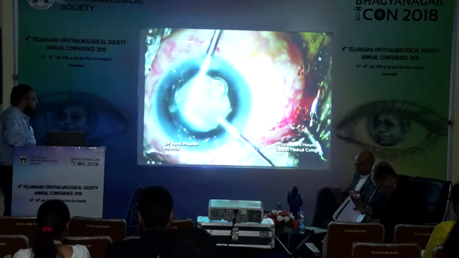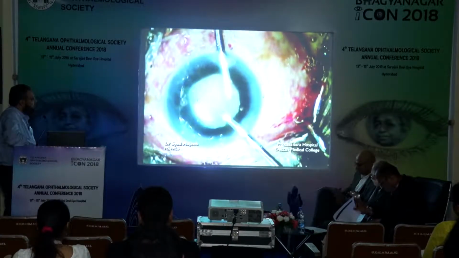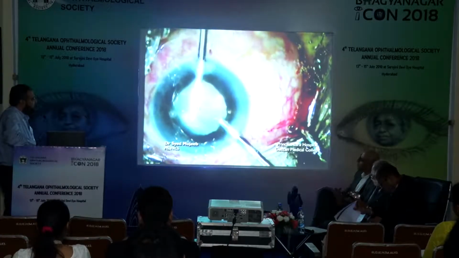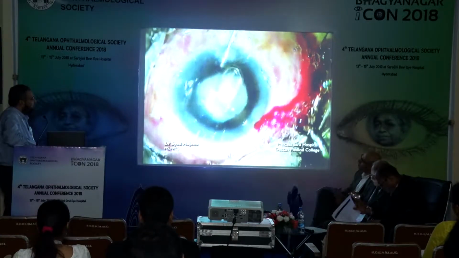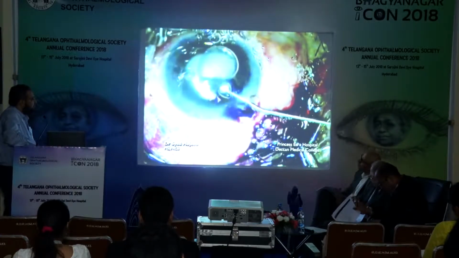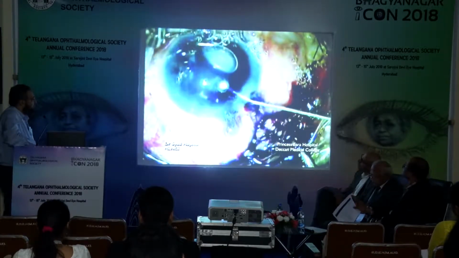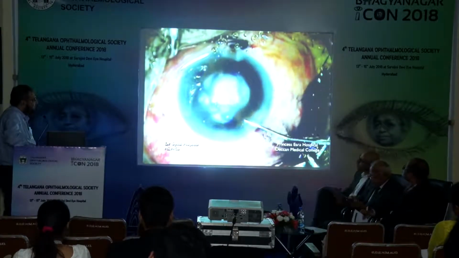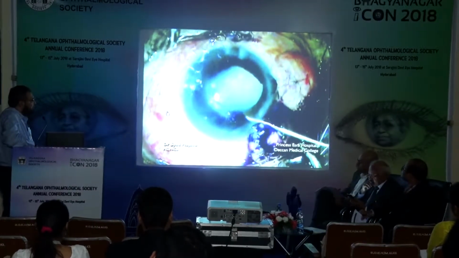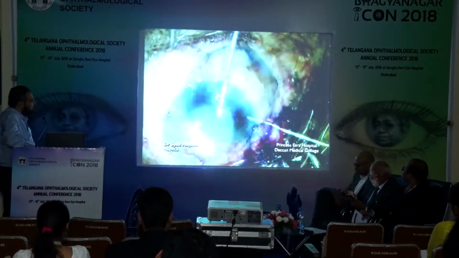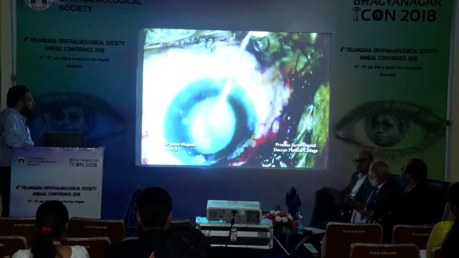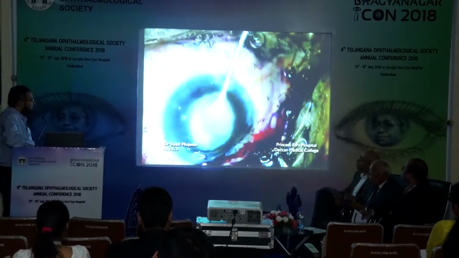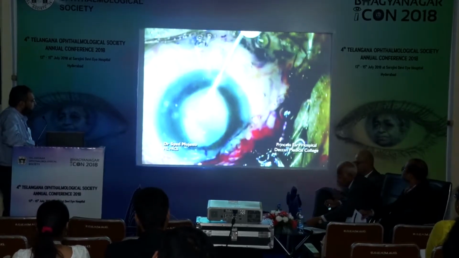Once the pupil is dilated, I wash off the viscoelastic to allow staining of the anterior capsule. Trypan blue is used to stain the capsule, which is washed out, and again the capsulotomy is initiated with the cystitome.